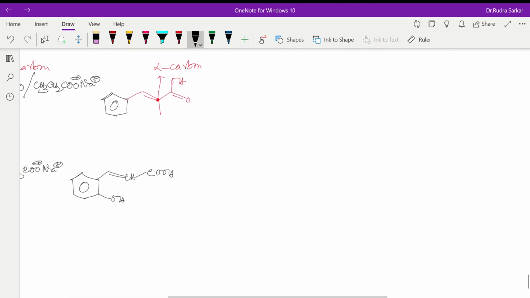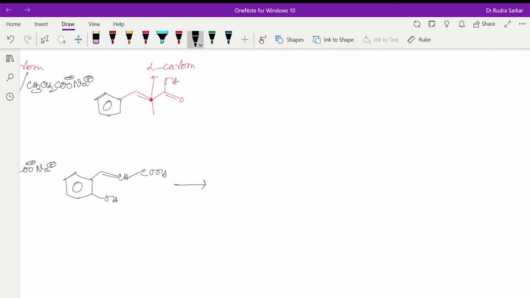Now, what is interesting over here is you can write the other geometric isomer. So you try to write the other geometric isomer. Now you have OH and then you have OH in presence of heat.